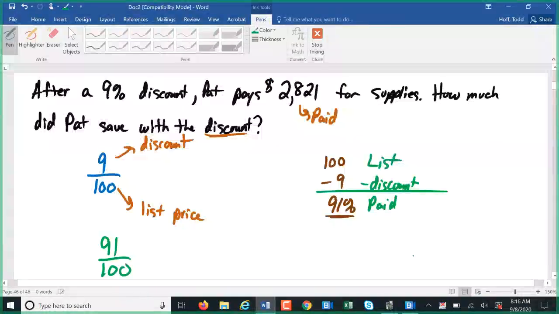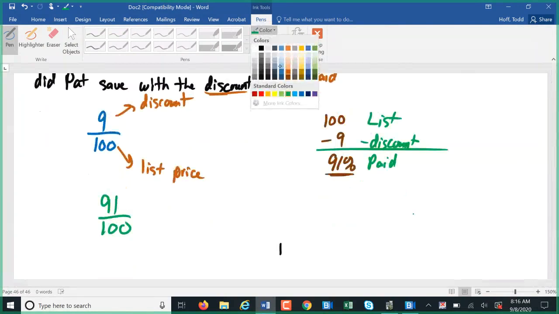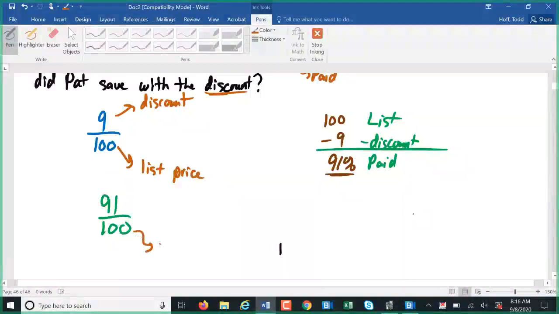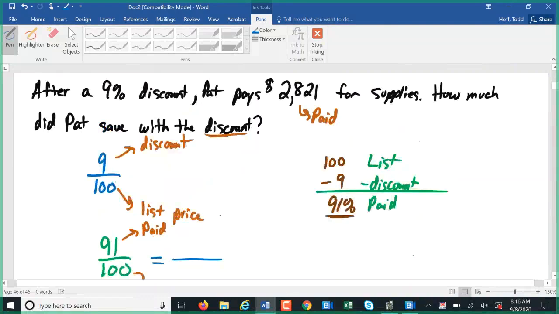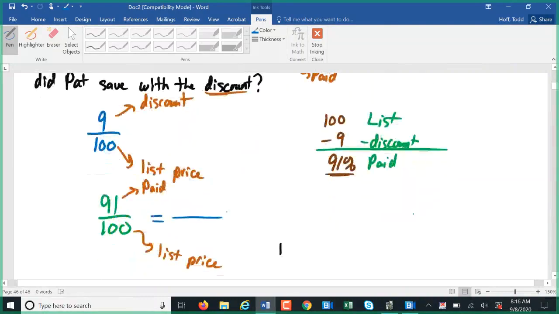Well, the 100% still represents the list price. But now the 91%, that's the amount paid after the discount. And that's the number we have in this problem. We are given that Pat paid $2,821.